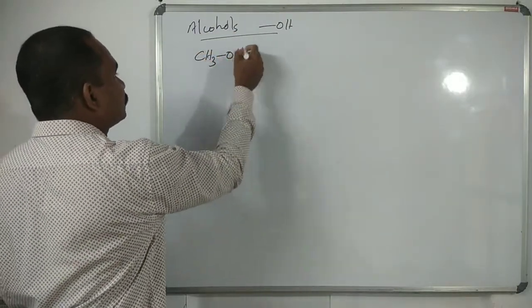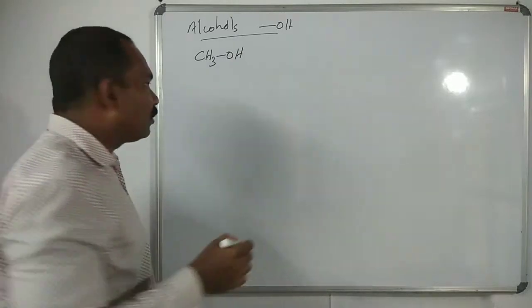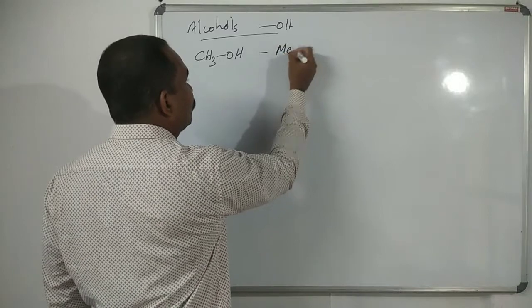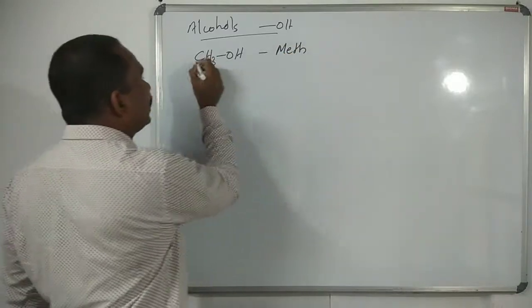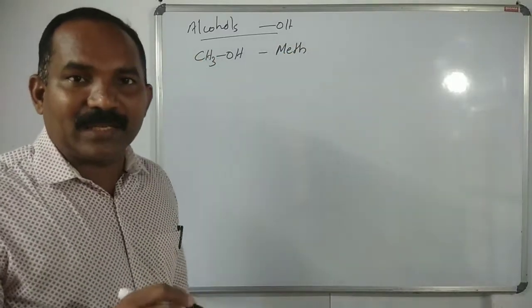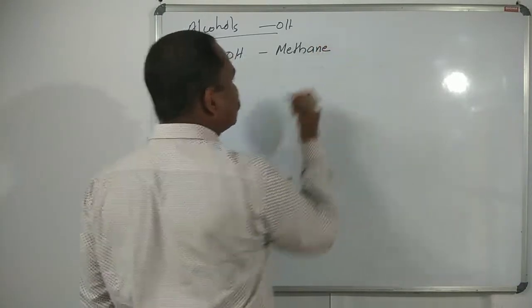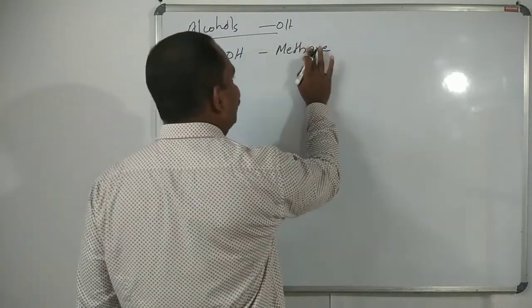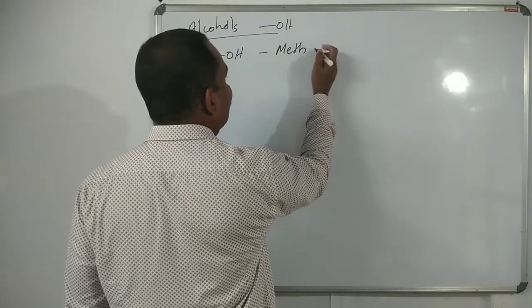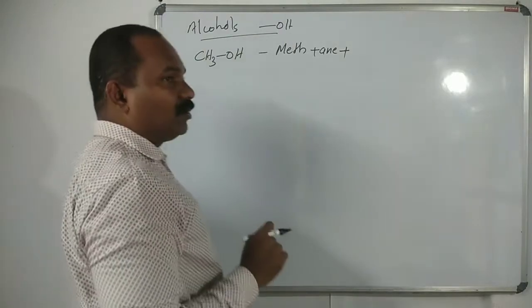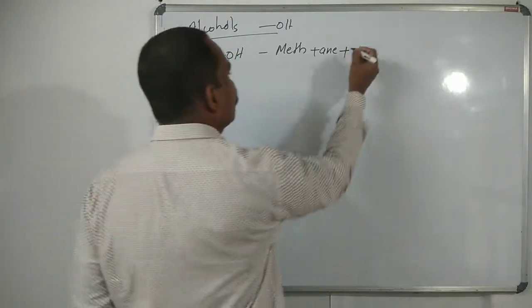CH3OH. What is the name of this molecule? One carbon atom, so meth. Single bond present between the carbon atoms, so ane. The primary suffix is ane. Secondary suffix for alcohol is ol.